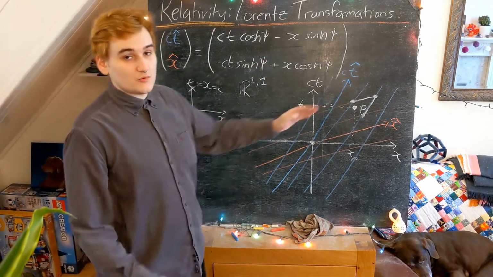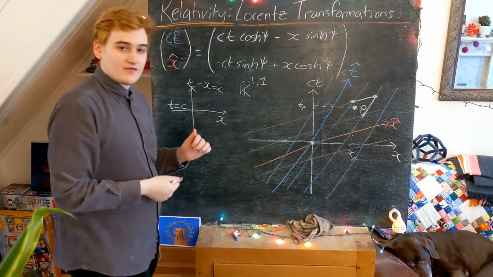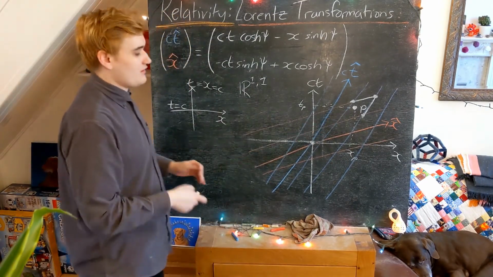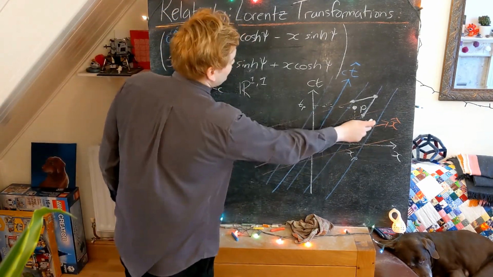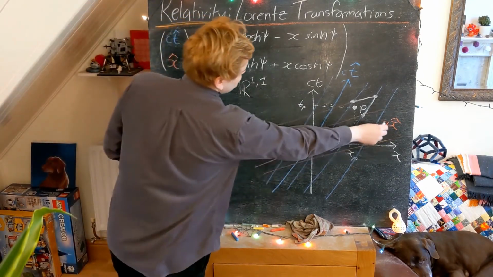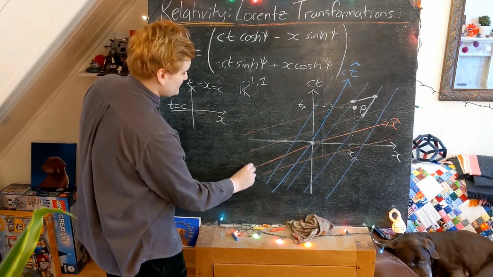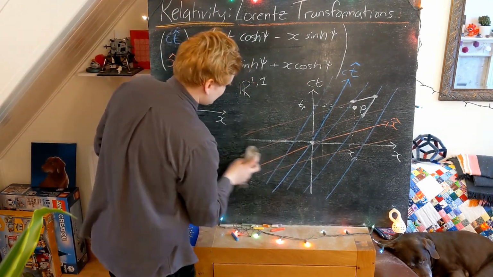And so when our coordinates are skewed like this, we have to remember that these skewed lines are corresponding to constant values of one of our coordinates. So this straight red line would be the line on which t hat is equal to some constant.